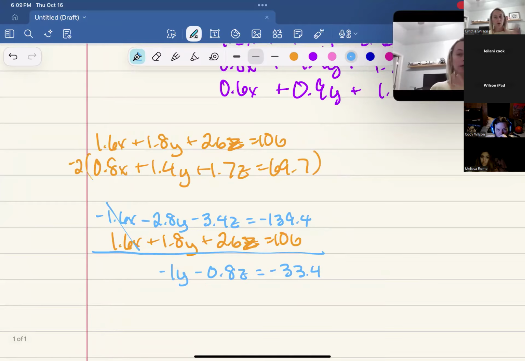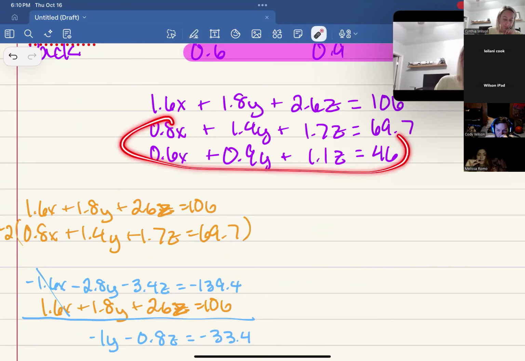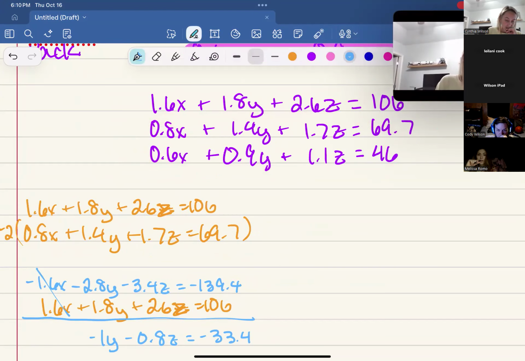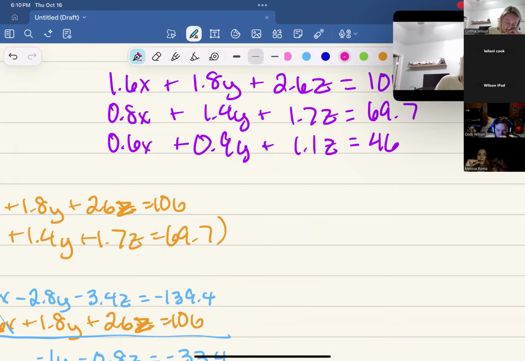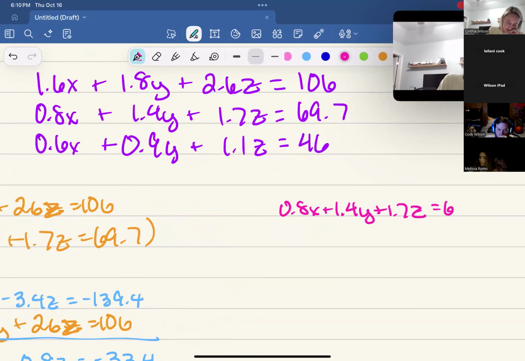All right. So I've eliminated x's on those two equations, so I need to choose another set and eliminate the x's again. So I'm going to do these bottom two. And you can choose any set as long as they're different from the first two.